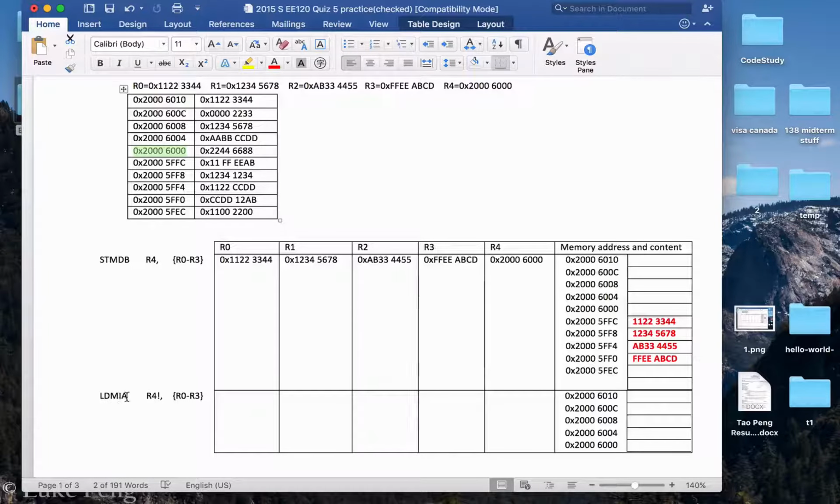After I finish reading, then I increase my pointer. So I increase my pointer after I read. I read this location here, which has the contents 22446688. So I read this value and it goes to R0.